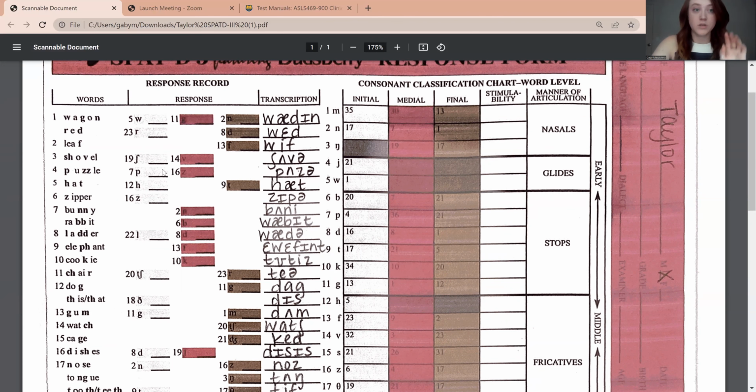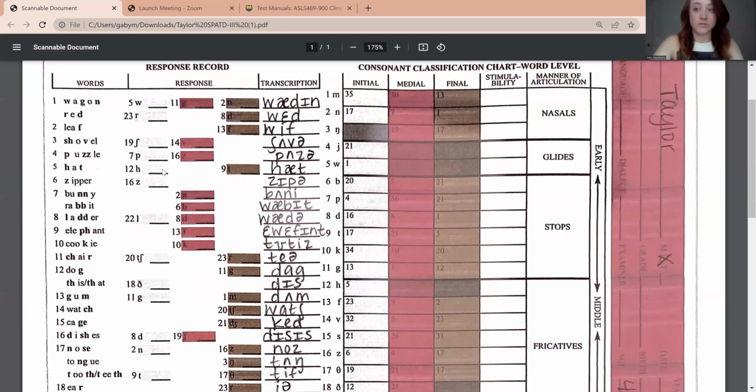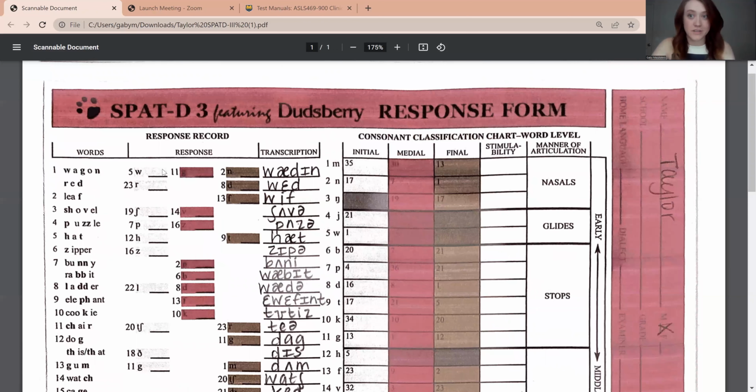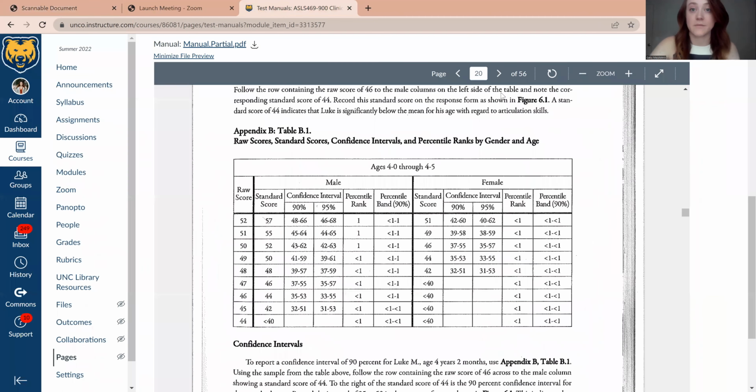I would go by row. Start with the initial responses, go down, count all the correct ones, go into medial, count all the correct ones there, final, count all the correct ones, total up your responses. That is your raw score. You will use this score and go into your test manual for the SPAT-D. It's found on page 20. Use that raw score to calculate a standard score, a confidence interval, and a percentile rank.